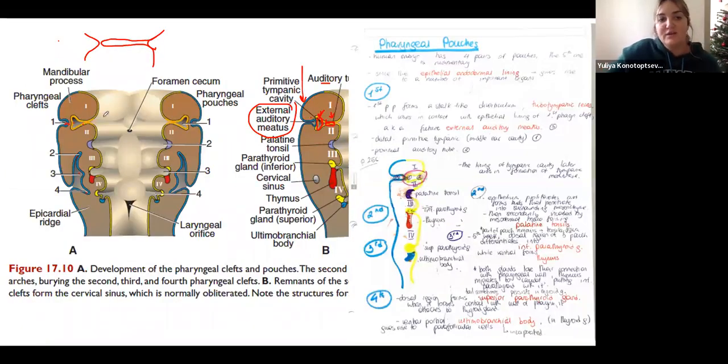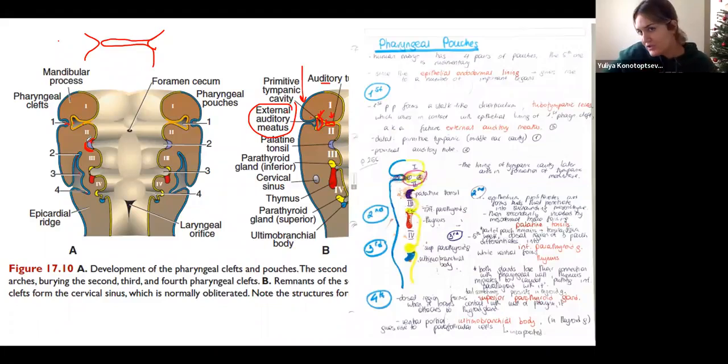Okay, second pharyngeal pouch. The endoderm that we have here starts to invade the mesenchyme of the second pharyngeal arch. So there's going to be a mix of tissues between the endoderm and the mesenchyme.